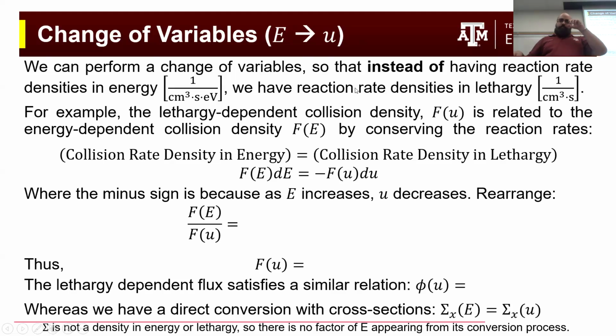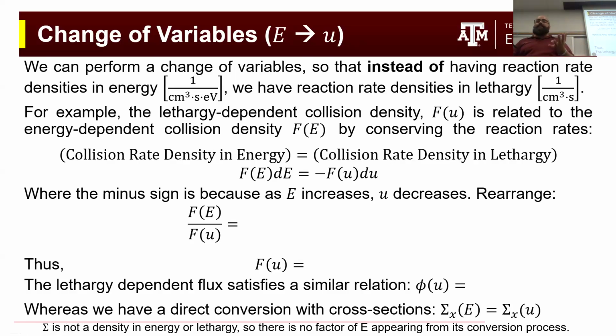So if we wanted to talk about a lethargy dependent collision density, big F of U, it would be related to the energy dependent collision density F of big E, and we would just have to conserve reaction rates. The collision rate density in energy has to represent the same thing as the collision rate density in lethargy.